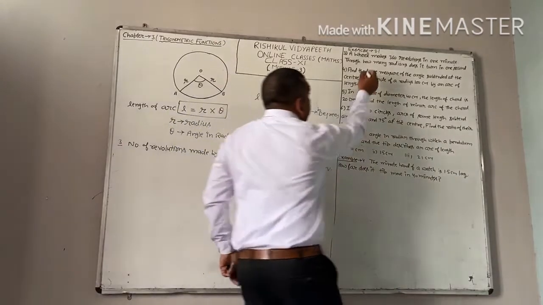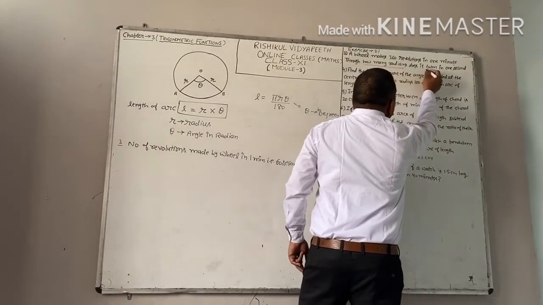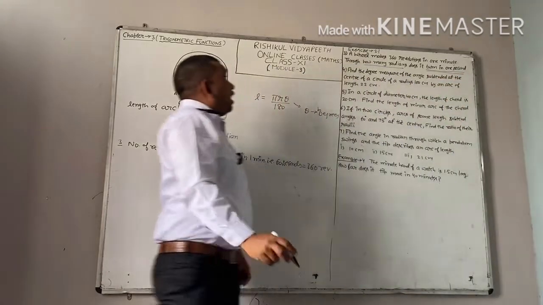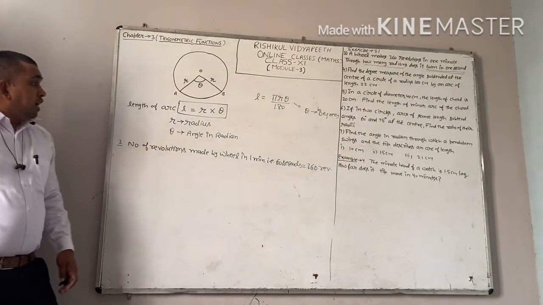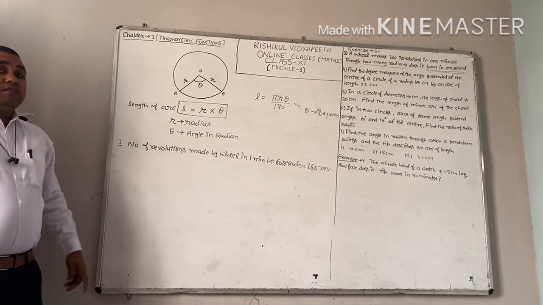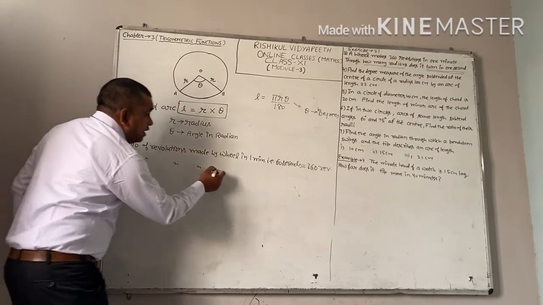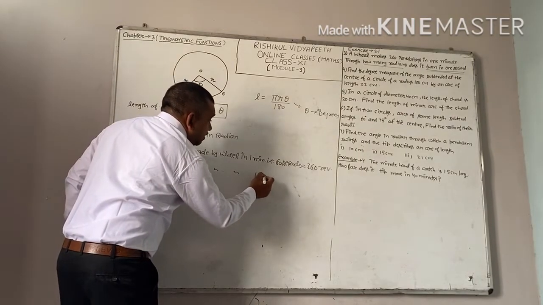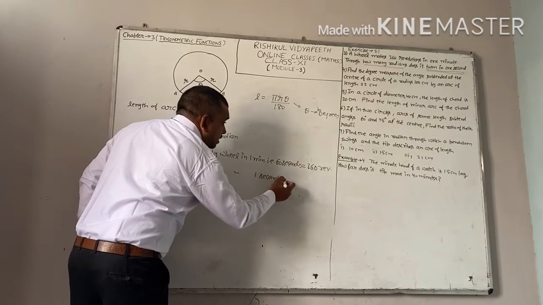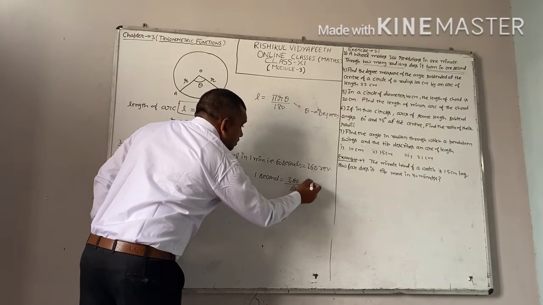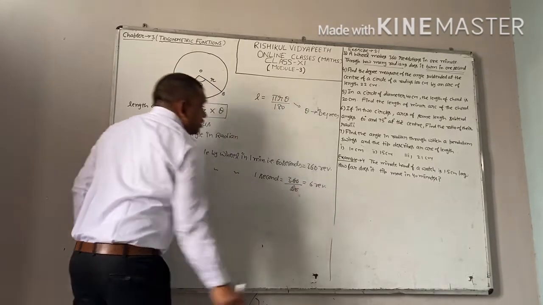Through how many radians does it turn in 1 second? Means in 1 second how many radians of angle the wheel will make. Now the number of revolutions made by the wheel in 1 second we can find easily. 360 upon 60, this is equal to 6 revolutions.